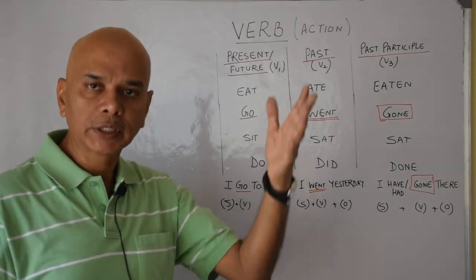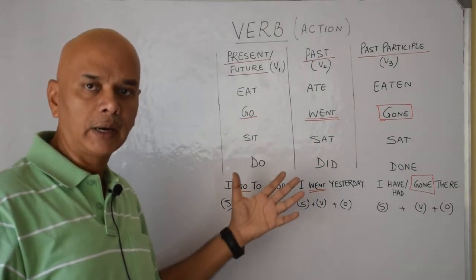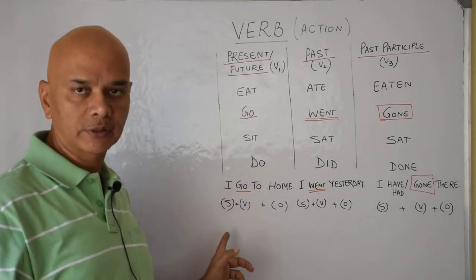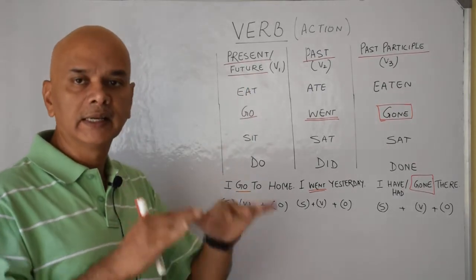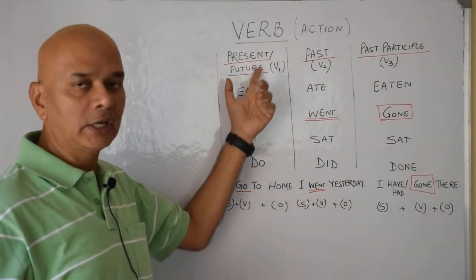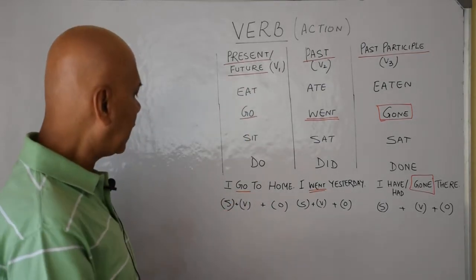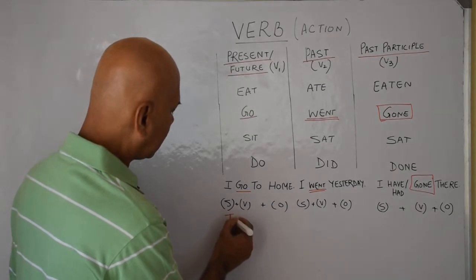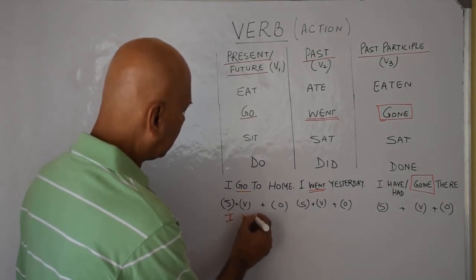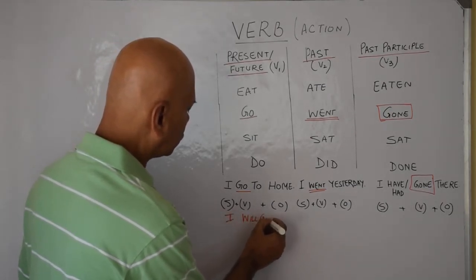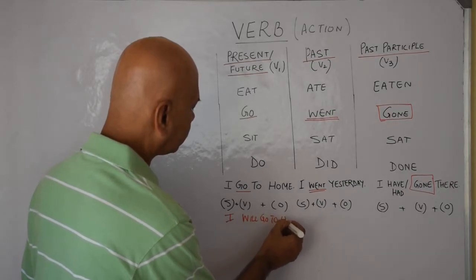I will tell you subsequently, but understand first the verb, how to use these verbs. In present tense, we will use go. In the future tense, I will say, I will go to home.